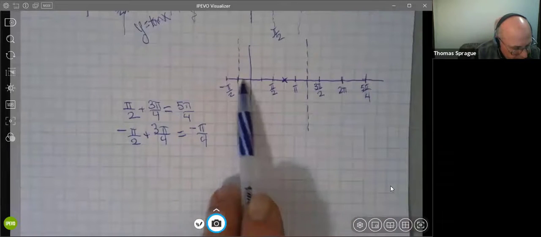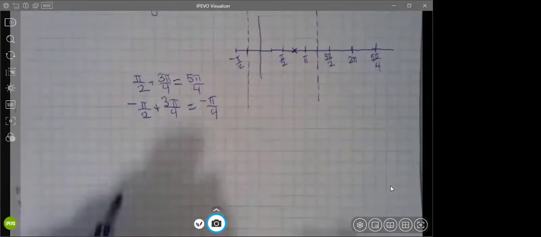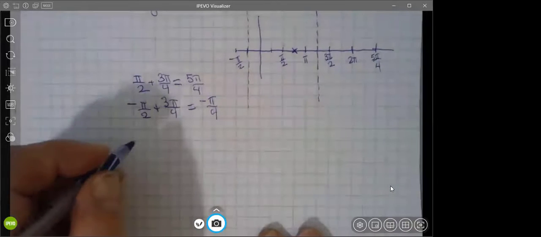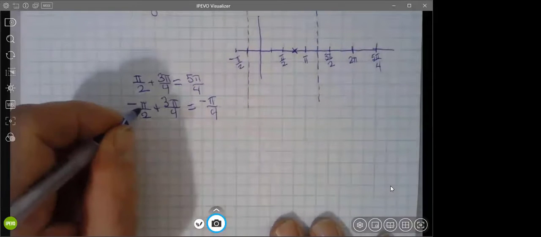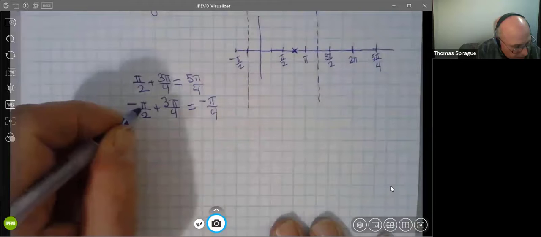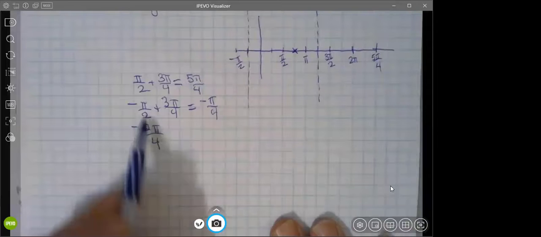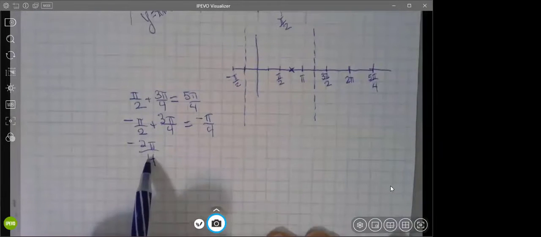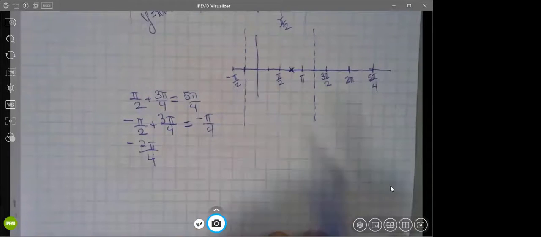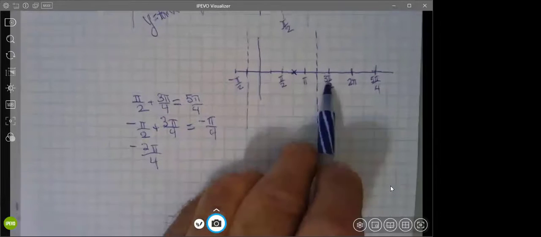That looks okay. Wait, wouldn't that last number be 5 pi over 2, not 5 pi over 4? This is minus 2 on the graph. Pi over 4, right? That's a different number? Which one are you talking about? On the graph. You go pi over 2, pi, 3 pi over 2, 2 pi, 5 pi over 4.